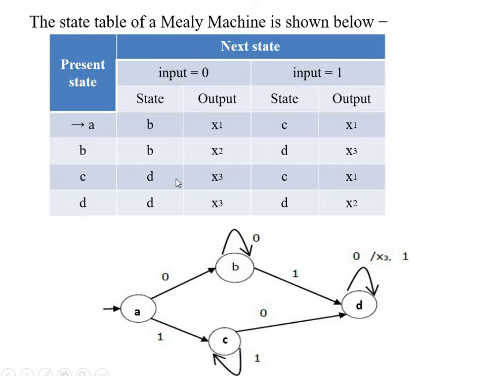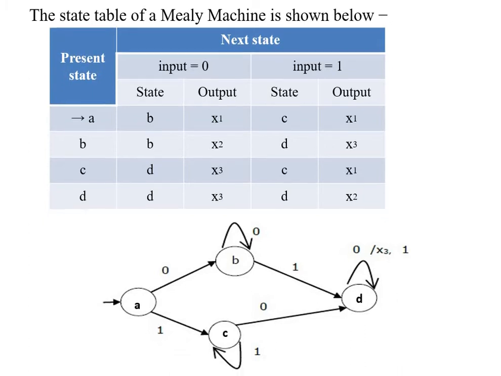In a Mealy Machine, output is associated with the input as well as the state. Note down this table so you can easily draw the state transition diagram.